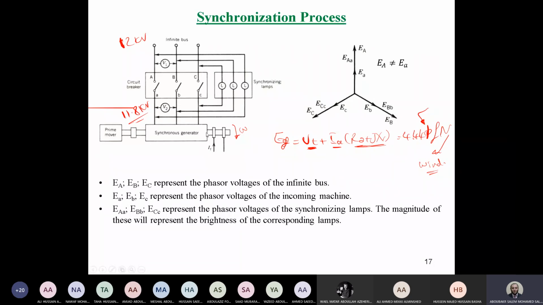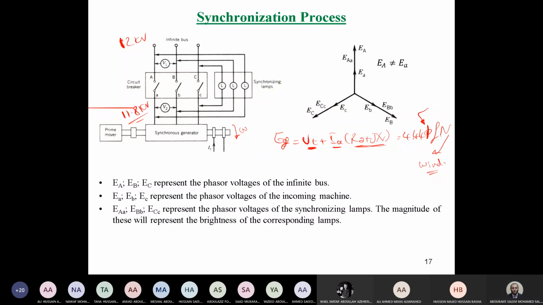So if we add some lamps between the source and the generator, and the lamps are turned off, we will be sure that the voltage drop across the lamp is 0, and in this case we can connect the generator to the infinite bus. Of course, this experiment is one of the experiments in the course EE462, and we can do it in our laboratory.